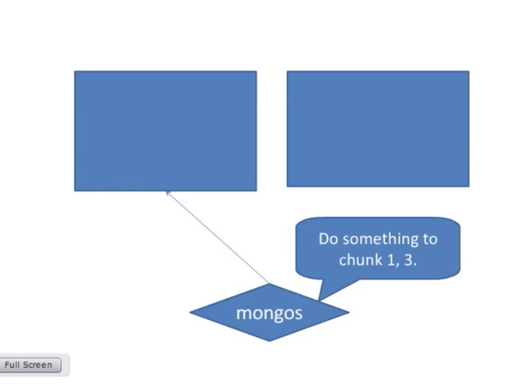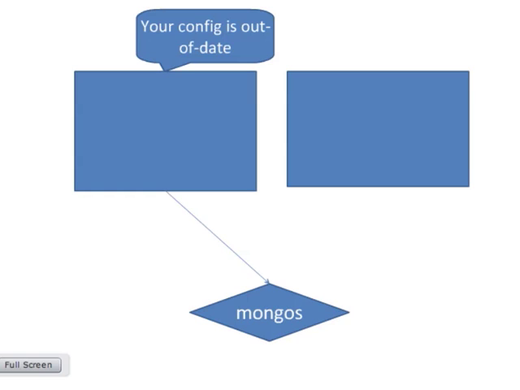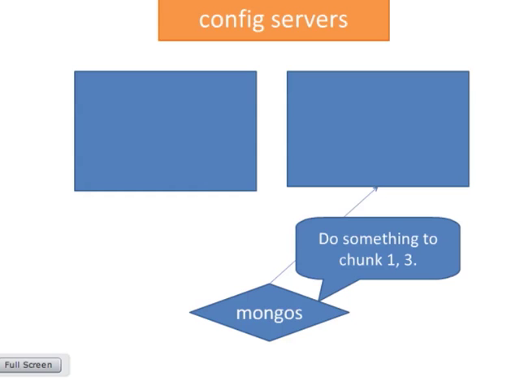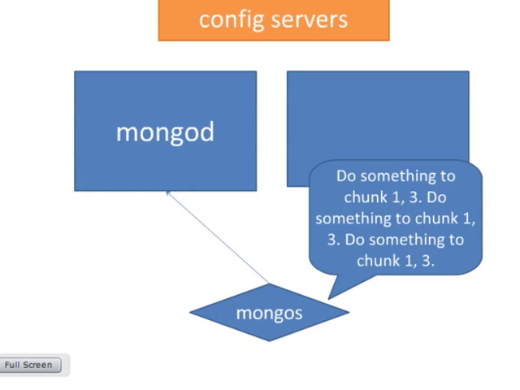So it tries to do a write, say, on shard 1, and it would be great if shard 1 could say, oh, nope, you said that you wanted to do this, but you actually have an out-of-date config. You need to talk to shard 2 about this document. Then MongoS would go to the config server, get the updated configuration, and then it could query the correct shard.